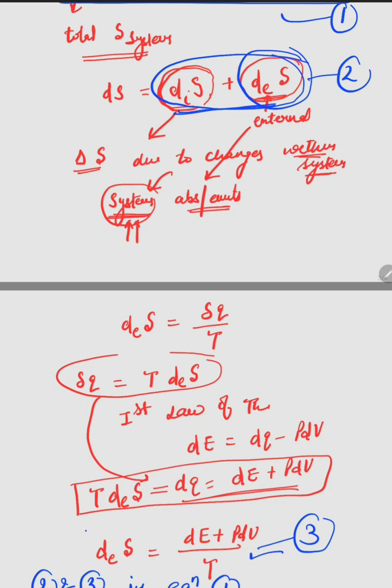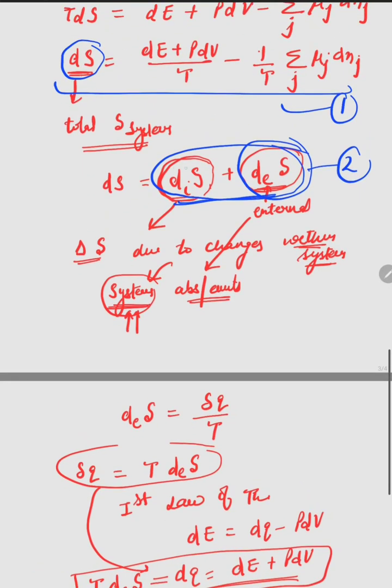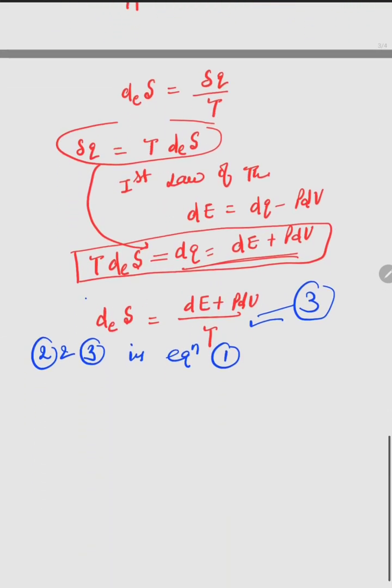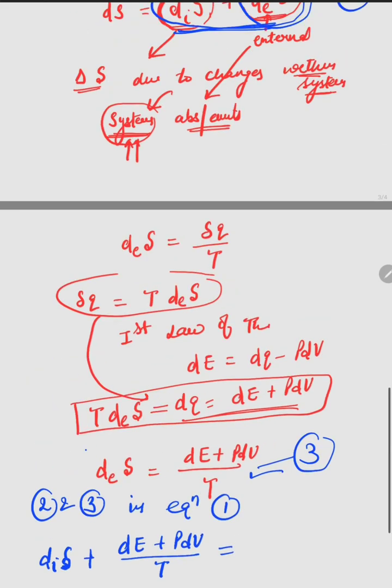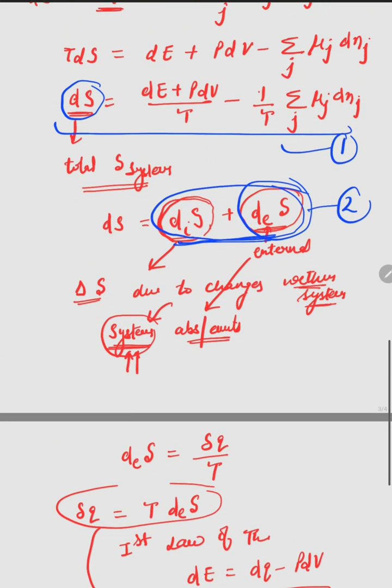So from the first equation, dS is d_iS plus d_eS, where d_eS is given by equation number 3, and on the right side everything remains the same.